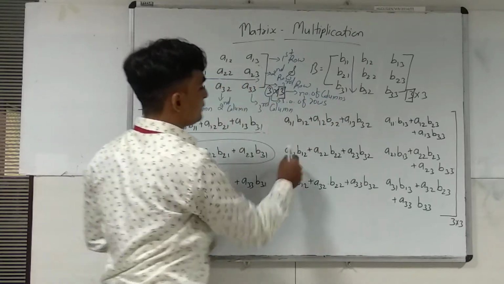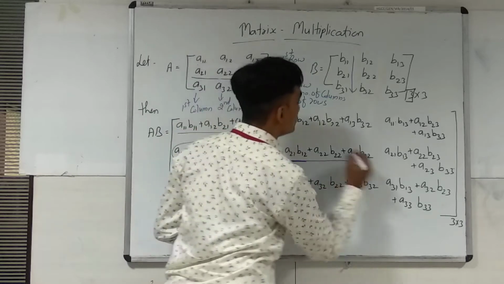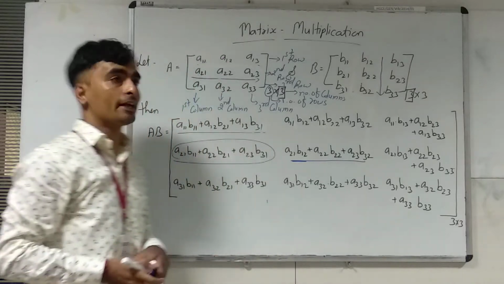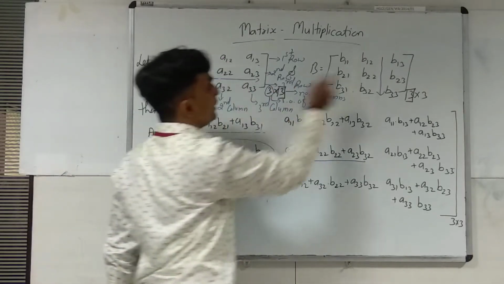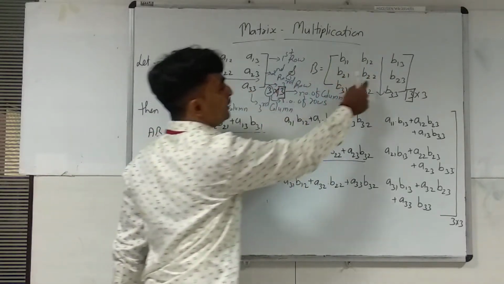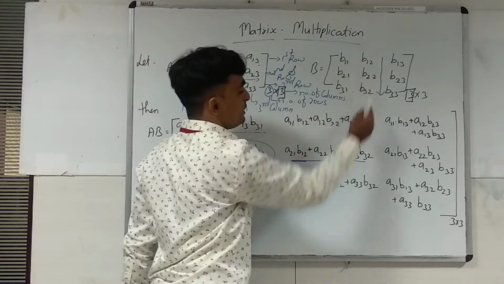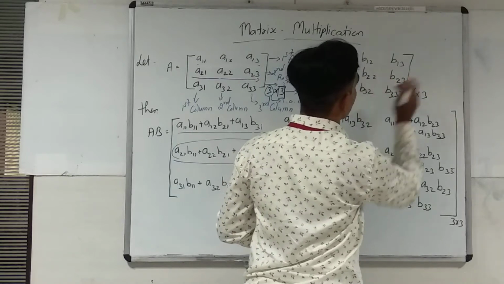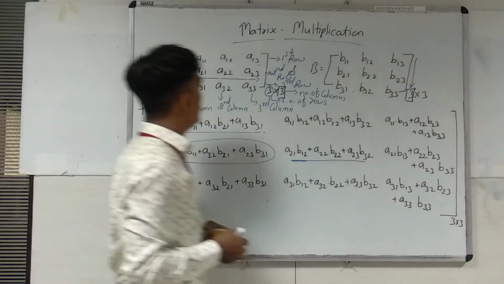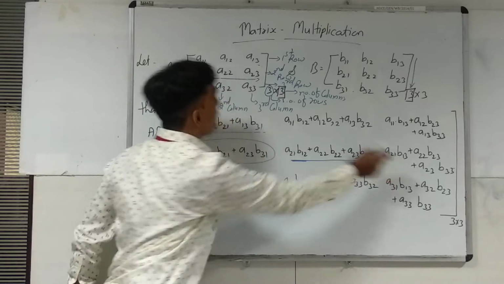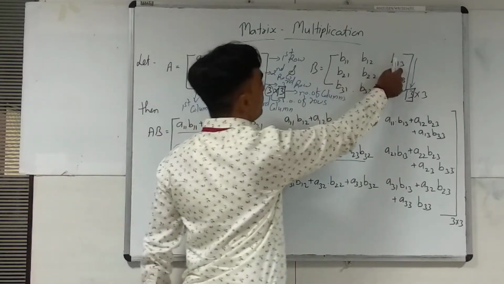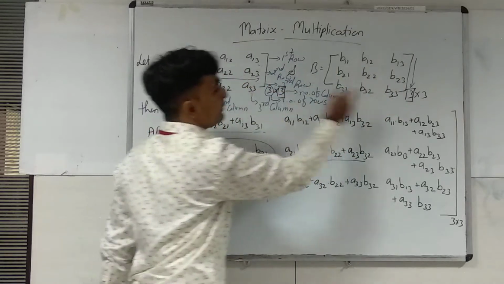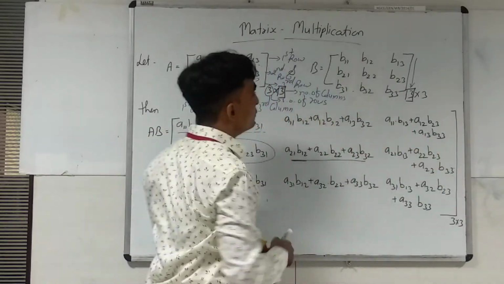Same for the next one: we take the second row as it is and the second column, so this becomes A21 B12, A22 B22, A23 B32. Similarly for the third column: A21 B13, A22 B23, A23 B33, and so on.